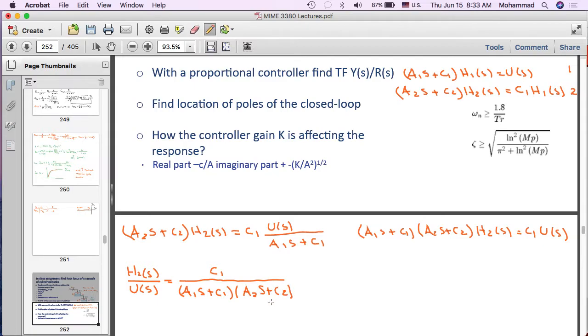As we expect, this is a second order system. There are two poles for the transfer function, so there are two open loop poles.